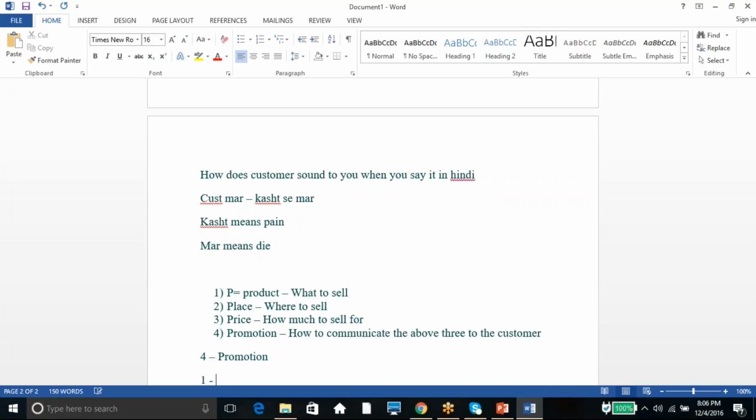One is also product. No dispute there, because till you don't know what you are selling, the where and the how much doesn't come into the picture.